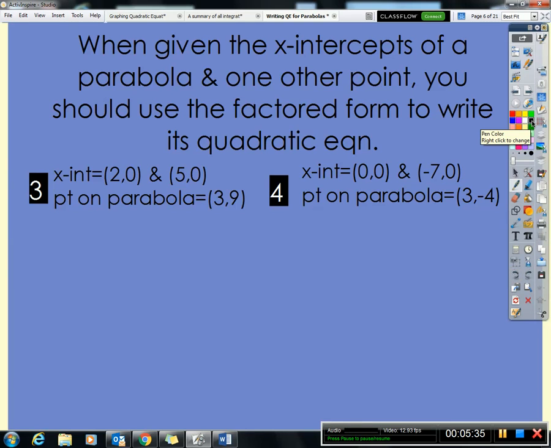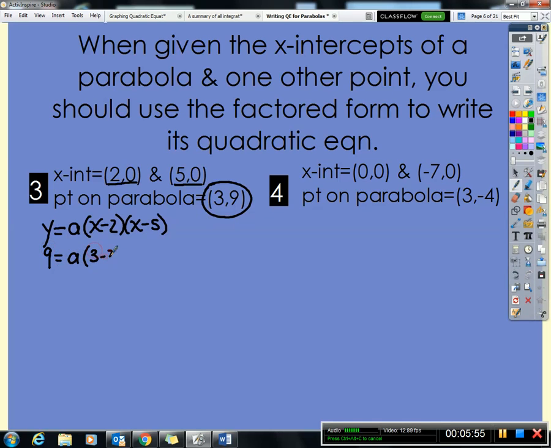Factored form is y equals a. This tells you that x equals 2, so x minus 2 is the factor. This tells you that x equals 5, so x minus 5 is the factor. This is the point that I now plug in to help me find a. So y is 9, x is 3.